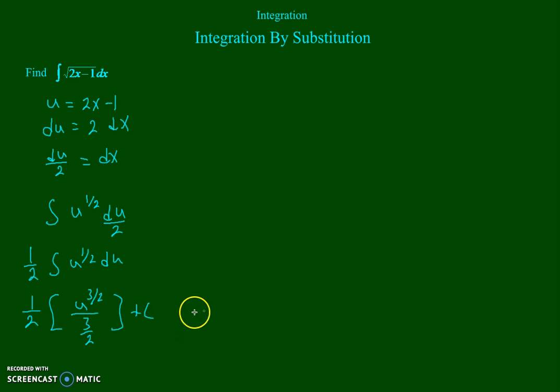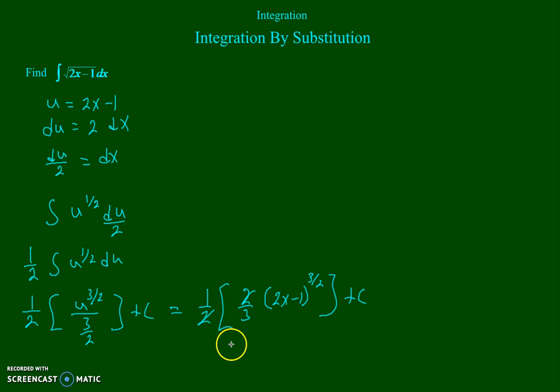And I'm just going to go over here, and this is going to flip. So I'm changing this to multiplication by flipping this. So we have 1/2 times 2/3, and I'm going to back substitute my u in here at this point: 2x minus 1 to the 3/2 plus c. And these 2's will cancel out.